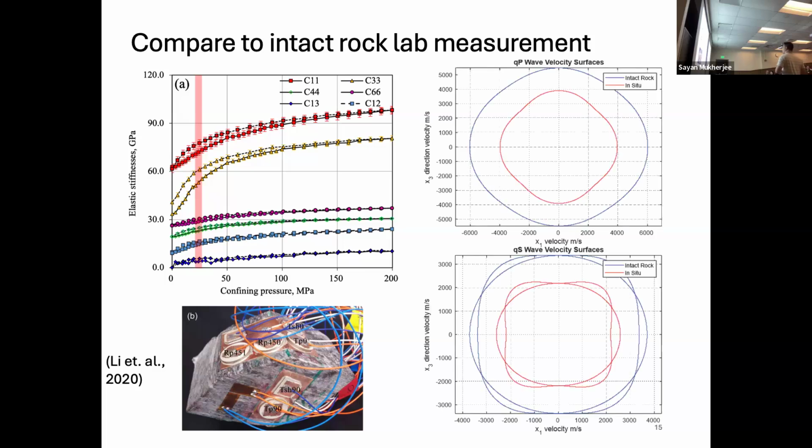Then we can plot the result and compare the intact rock and the in situ rock mass result from the inversion, for both P wave and S wave. The takeaway here is that we can observe a pretty large gap between these 2, roughly 1/3 of the original intact rock. And this 1/3 velocity loss indicates how much damage these rocks are suffering.